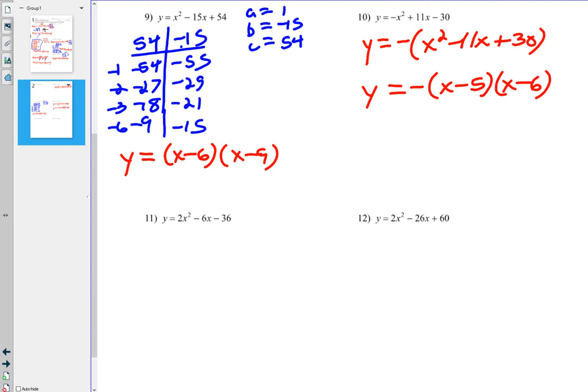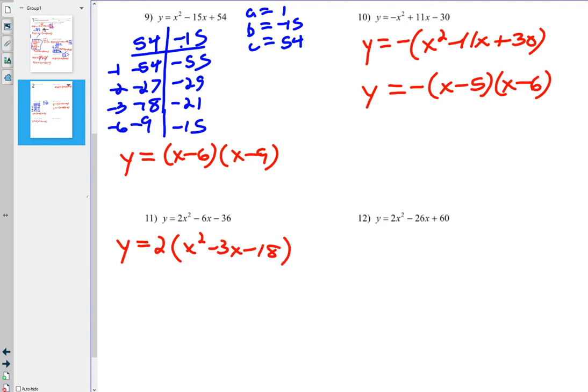For 11, if I were to go straight and do a factor chart and try to factor now, it would actually work. I should be able to find the combination, but I'm going to be working with really big numbers when I really don't have to, because if I recognize that all three of these terms have a common factor and I factor it out, it makes life easier. If I factor out a 2, that leaves me with x squared minus 6x minus 18.